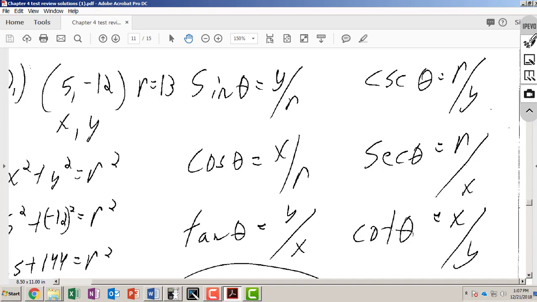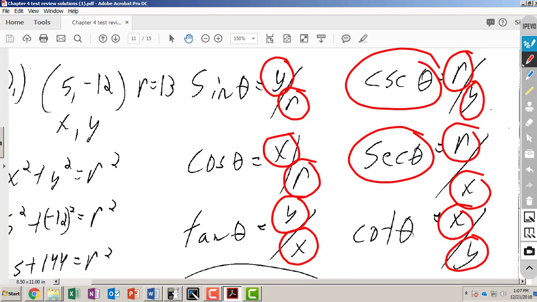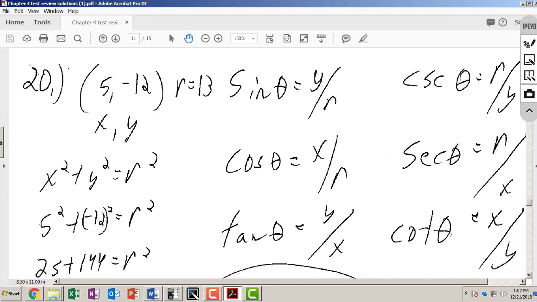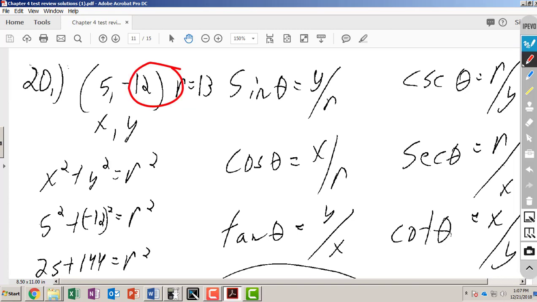So the very first thing you have to do is find this value right here of r. You're going to have to find your radius. To find your radius, we're going to use the Pythagorean theorem. Remember, your Pythagorean theorem is just x squared plus y squared equals r squared. So I substitute this in. Here's my x, 5.